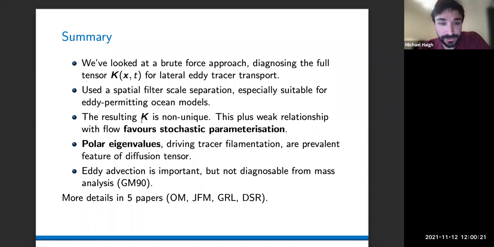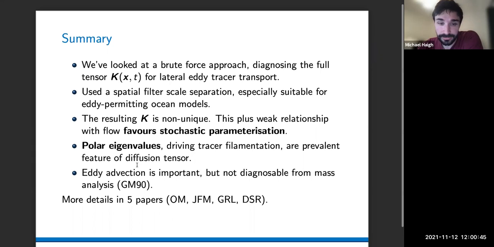We've separated this transport tensor into diffusion and advection tensors to separate the diffusive and advective effects. The main feature of the diffusive part is that the diffusion tensor is characterized by these opposite signed eigenvalues, implying that the corresponding diffusive flux is responsible for the filamentation of tracer fields.